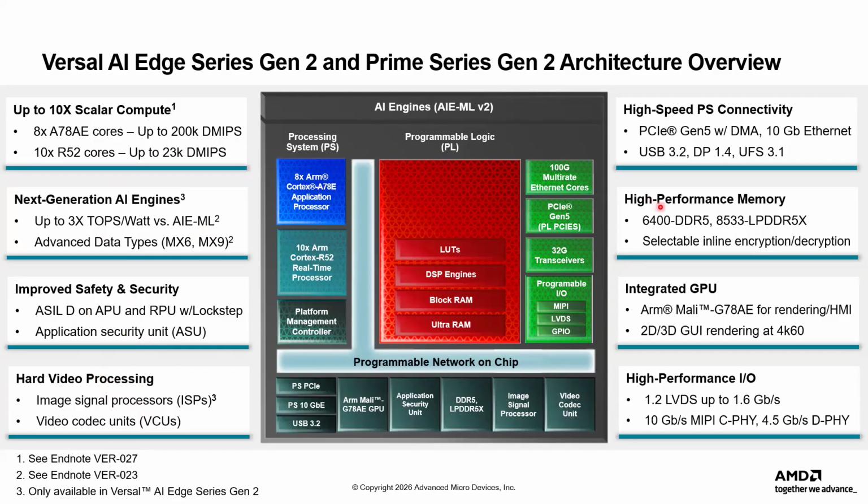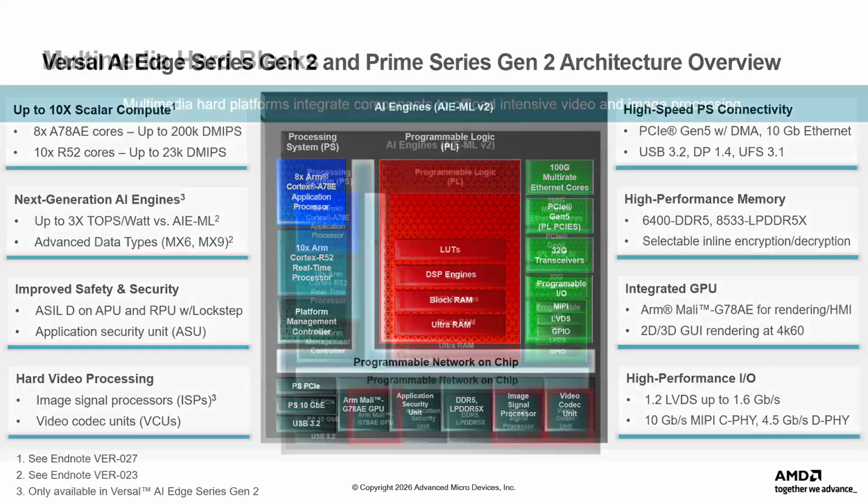High-speed memory controllers, yes, the fact that you're not doing DDR5, but more importantly, you also have inline encryption, decryption. And this particular level of the integrated GPU and everything else, we could argue, okay, this is slightly enhanced, but these are the things that are really new and different.